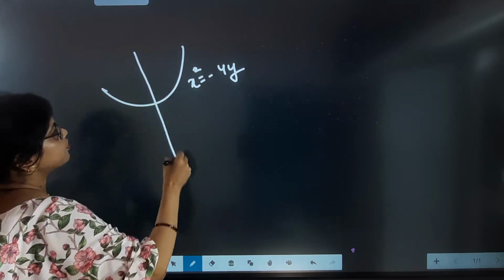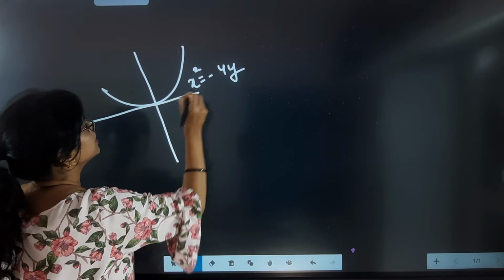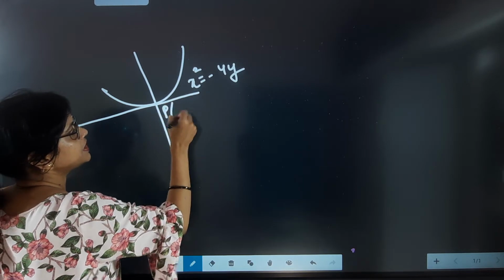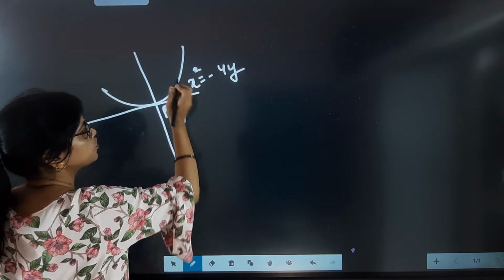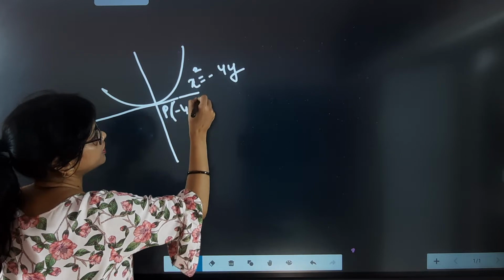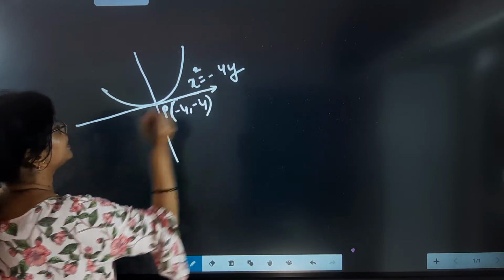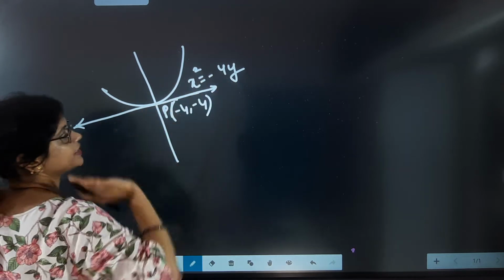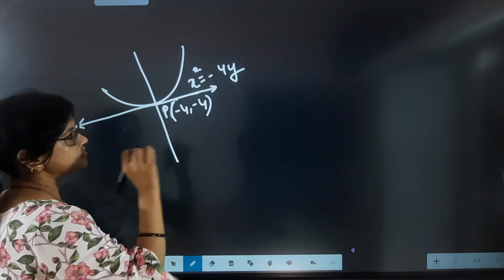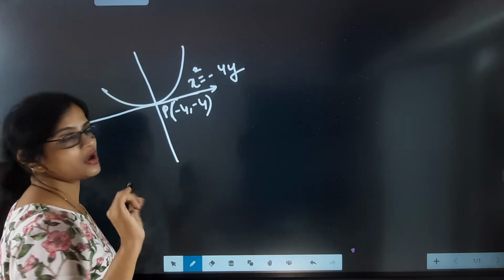Now the contact point between the tangent, normal and the curve is P, and it is minus 4 and minus 4. So they have given this contact point minus 4 and minus 4. Okay, so now what we have to do? We have to get the equation of this tangent line. Step by step I'll be explaining what you have to do.